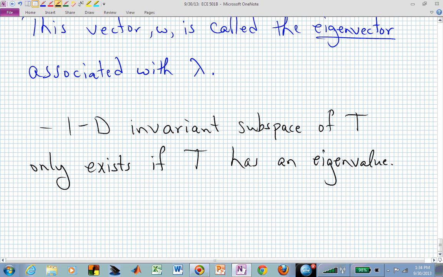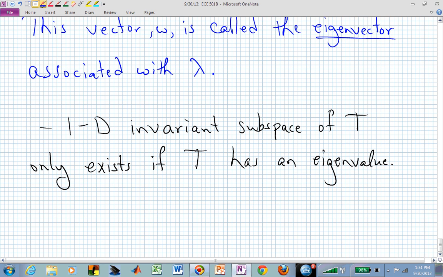As we saw with our matrix C, if we were playing in the real number line, there's not even a two-dimensional subspace for real eigenvalues, because that particular map C did not have any eigenvalues associated with it.